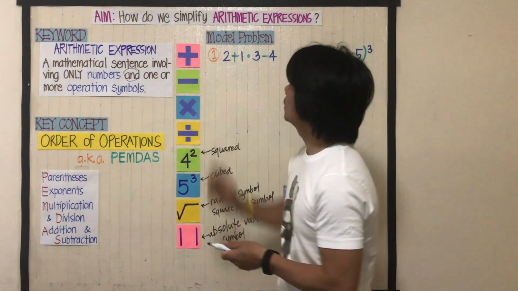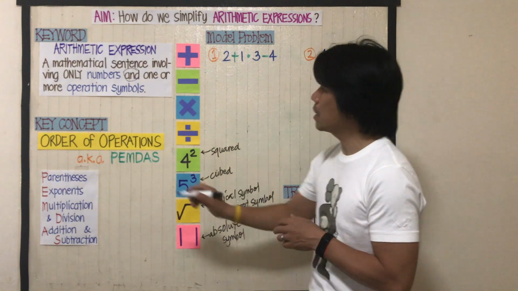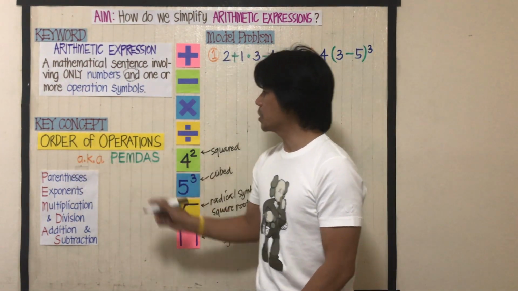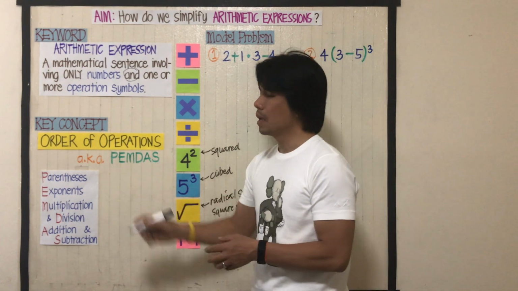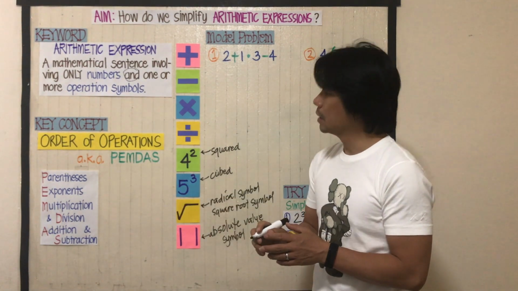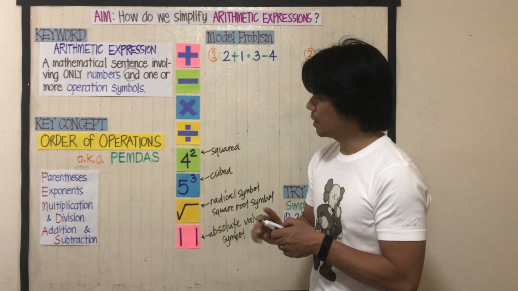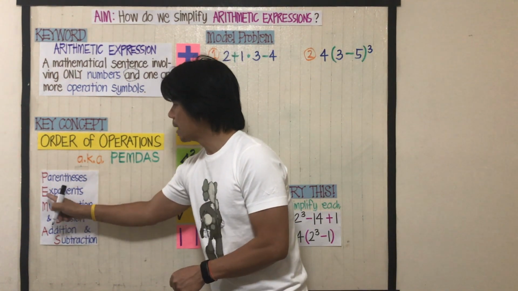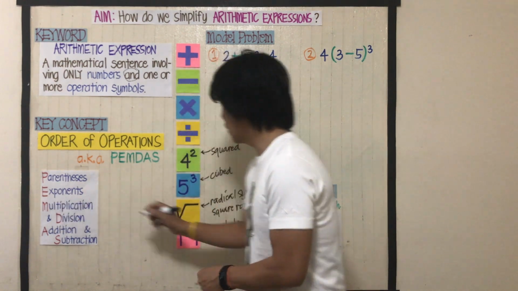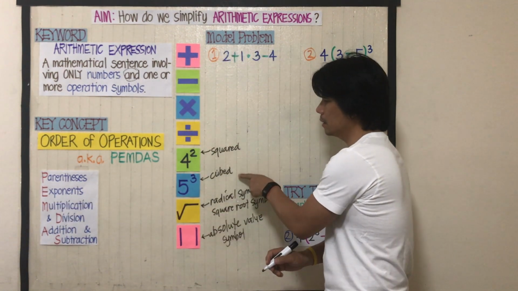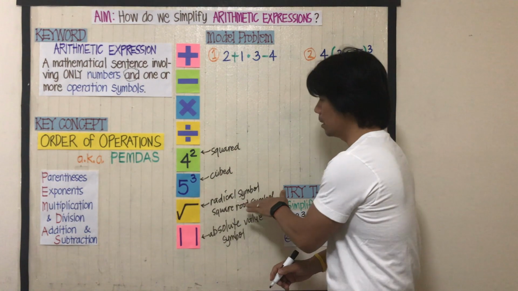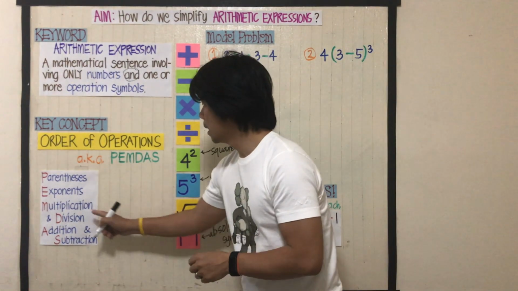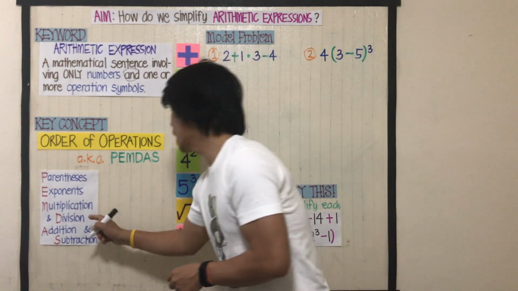Now, how do we simplify an arithmetic expression? By simply following the order of operations, also known as PEMDAS. Let's briefly recall. P for parentheses, E for exponents, like the squaring, the cubing, or the radical symbols or square root symbols, and also multiplication and division.